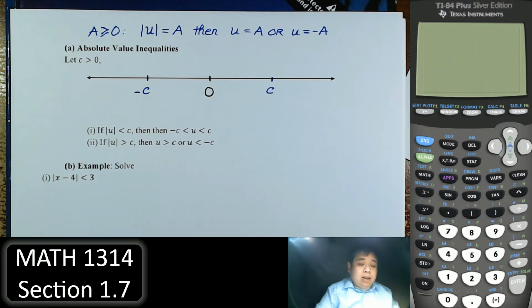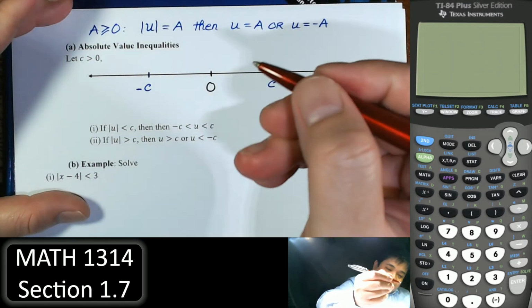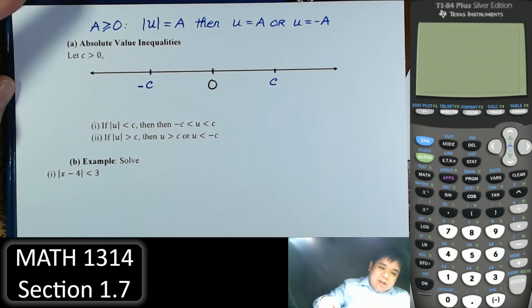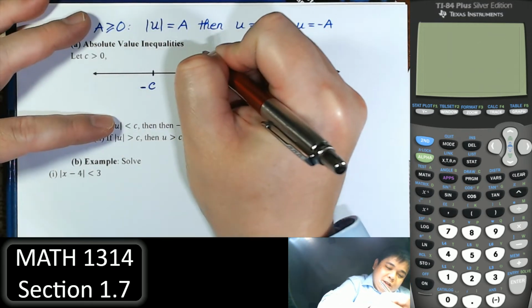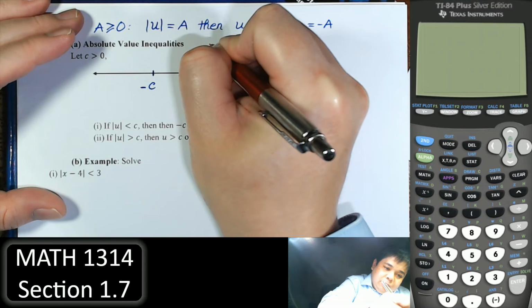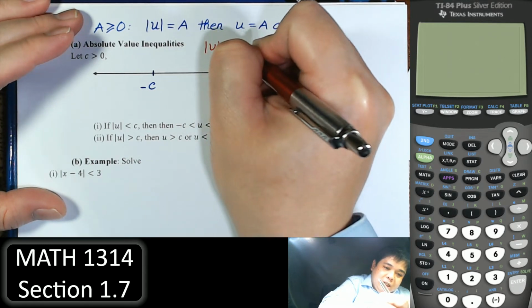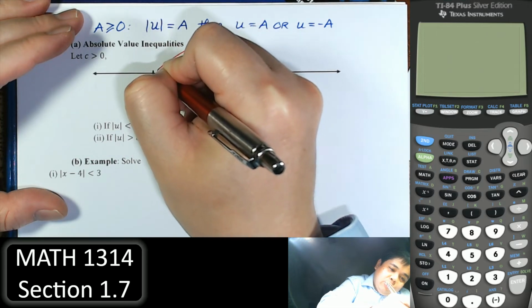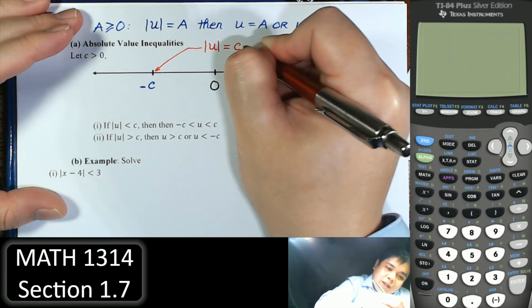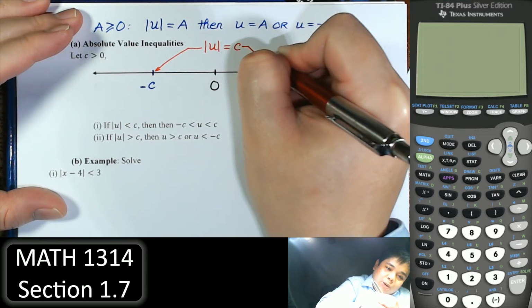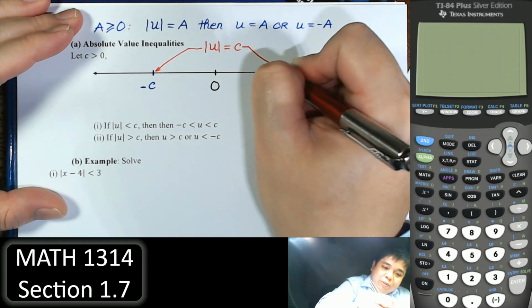When it is equal to, for example, the absolute value of u equal to a number c, then u will be equal to negative c or c. When we have equal to, we have those 2 points.